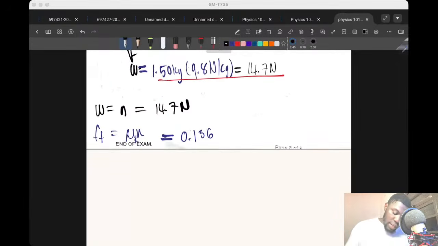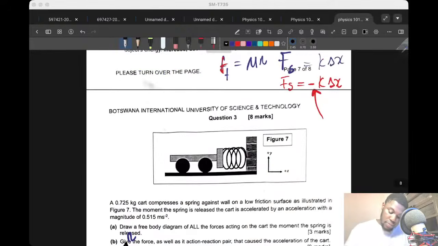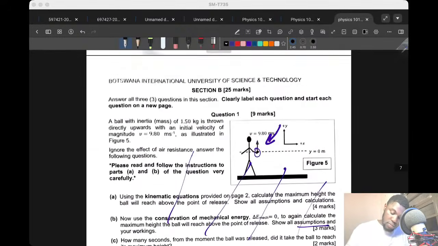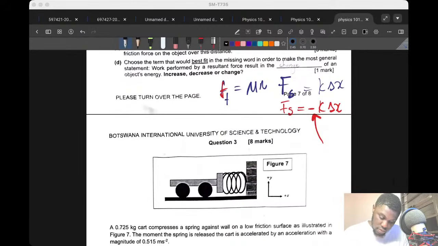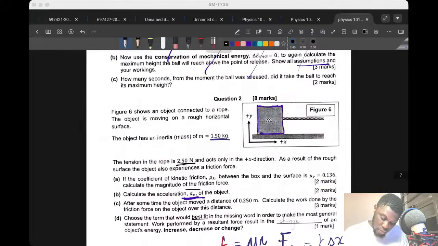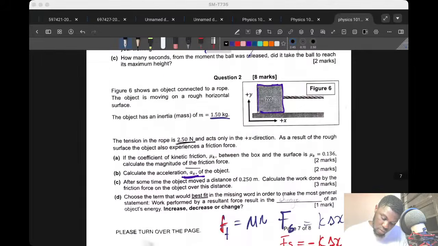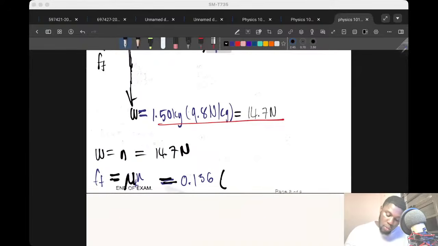We are now saying the force of friction is equal to mu N, which is equal to 0.136 by N, which will be 14.7 newtons.